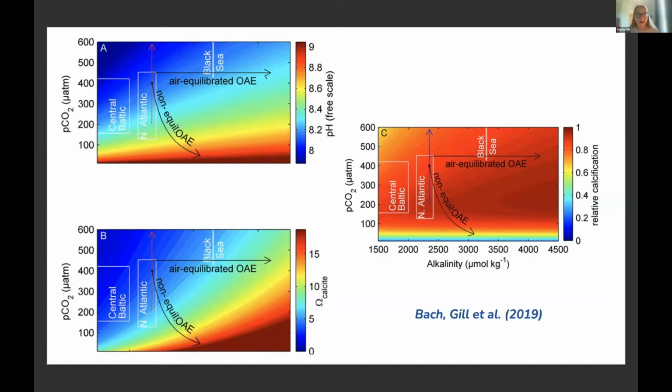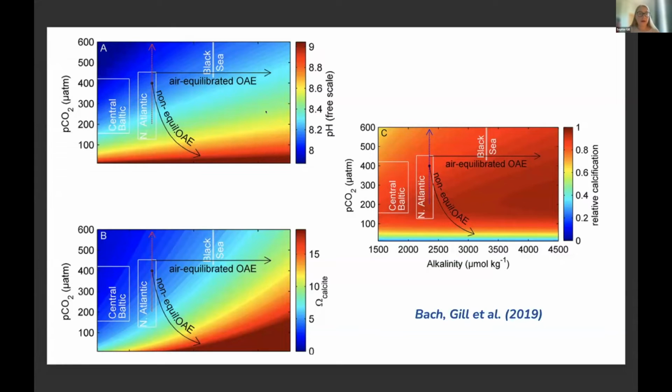The first is air equilibrated OAE, which describes a situation in which the surface ocean and atmosphere are equilibrated with respect to pCO2. Therefore, pCO2 will remain constant with increasing alkalinity, but pH and saturation state of calcite will increase. You can see pH on this graph, and saturation state of calcite on this graph.